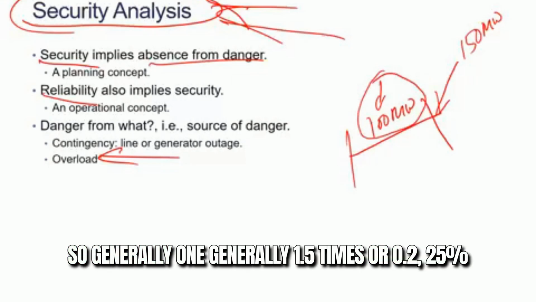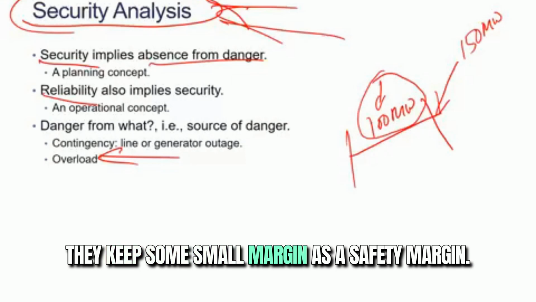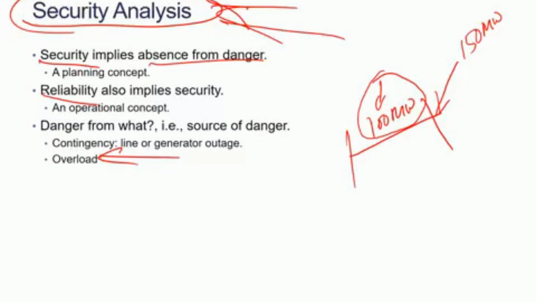So generally 1.5 times, or 25%, or 10%, it depends on the system operator. They keep some small margin as a safety margin.